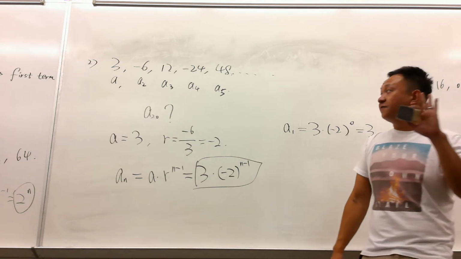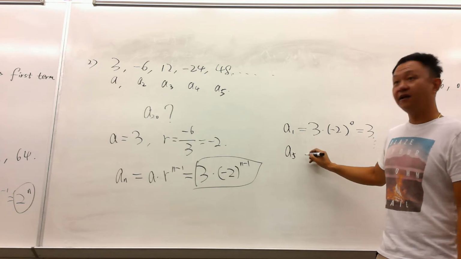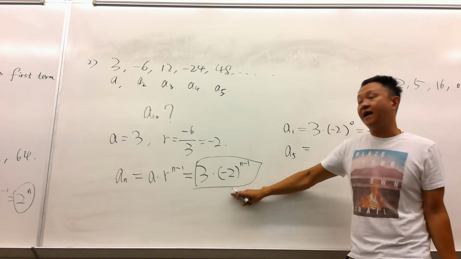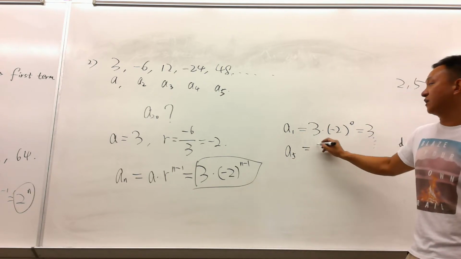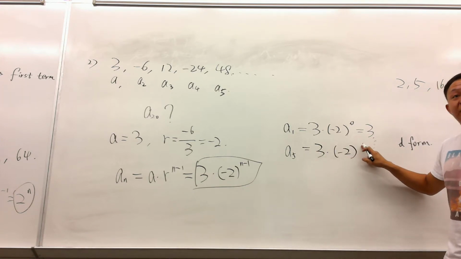Let me find some arbitrary term. For example, what is A5? Based on my general formula, it equals 3 times -2 to the power of 5 minus 1, which gives you 4.